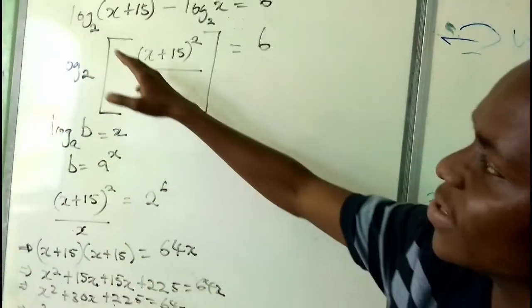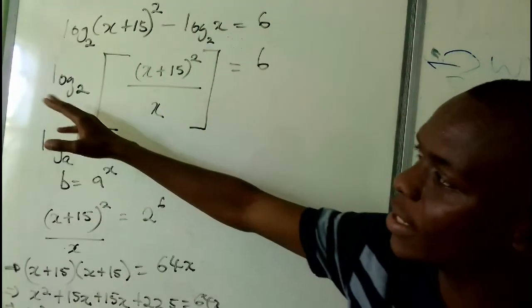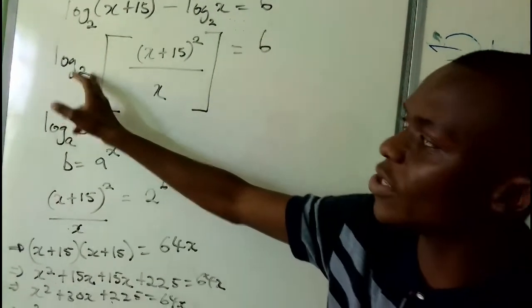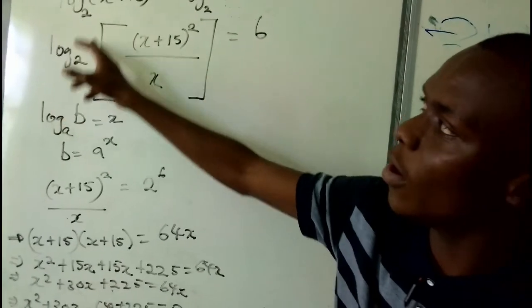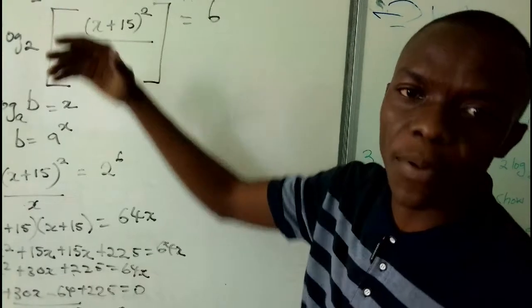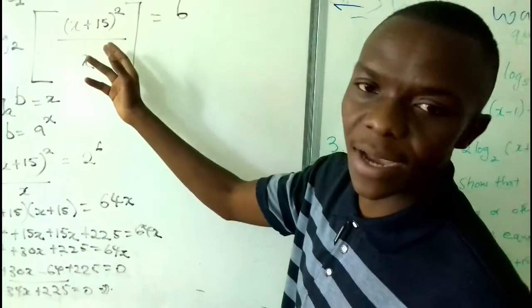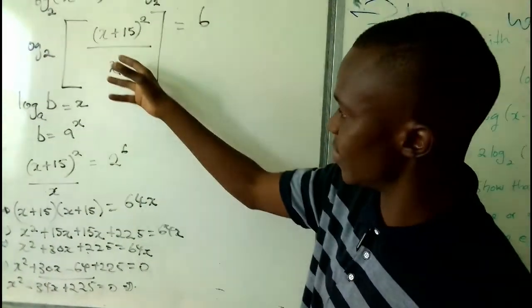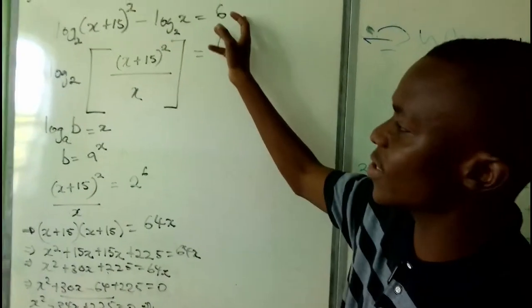We had the same base, log in base 2, and we got our (x plus 15) squared. Since we are subtracting, by applying the second law, we get the quotient of the two logarithms, and then we equate it to 6.